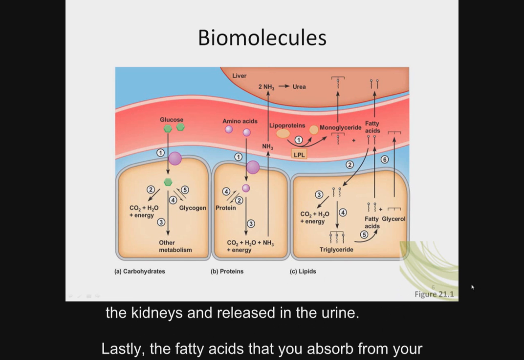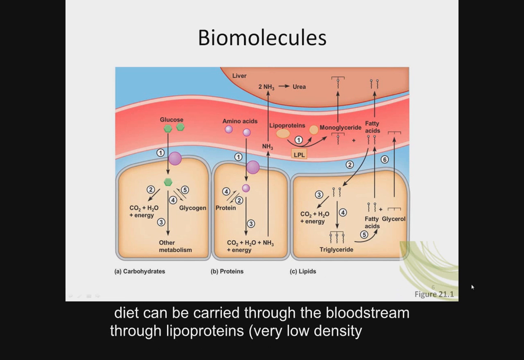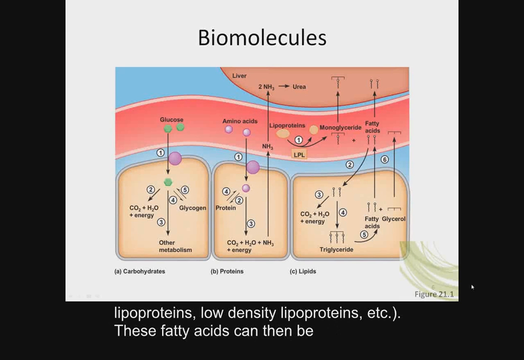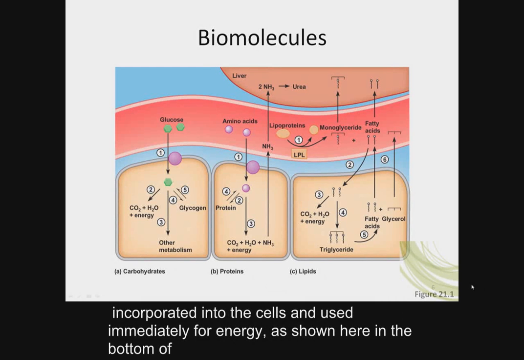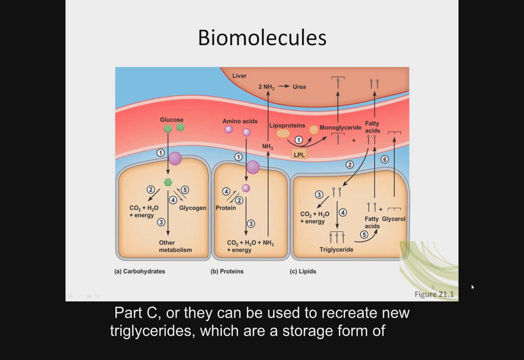Lastly, the fatty acids that you absorb from your diet can be carried through the bloodstream through lipoproteins, very low density lipoproteins, etc. These fatty acids can then be incorporated into the cells and used immediately for energy, as shown here in the bottom of Part C. Or they can be used to recreate new triglycerides, which are a storage form of lipids.